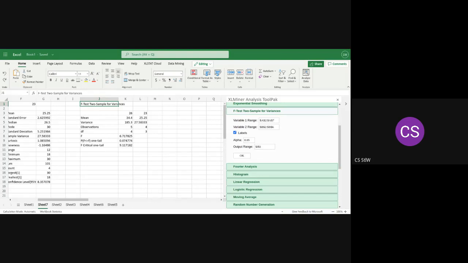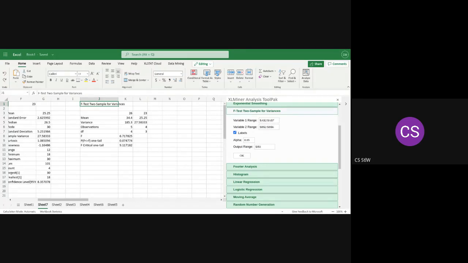The variance for the first column, column A, is 185.3, and the other one is 27.5833. The observations are 5 and 4 for the other one. Degrees of freedom is normally n minus 1, so they take 5 minus 1 and 4 minus 1, that's 4 and 3.